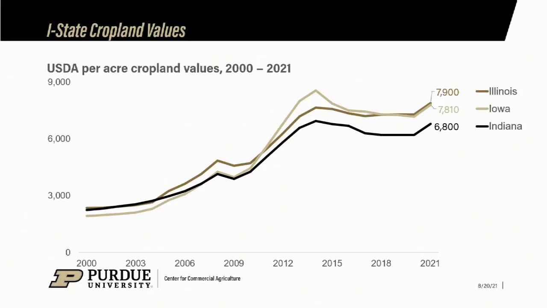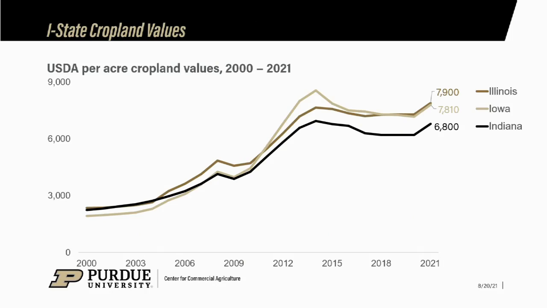So you took a look at values in Illinois, Indiana, and Iowa, the I states that people always like to make some comparisons with. And this is based on the USDA data, so you're comparing apples to apples here. Yeah, that's the other advantage of the USDA, because they do it everywhere, right? So we can see how Indiana compares to neighboring states or states in other parts of the country.